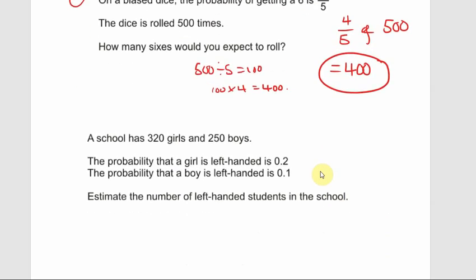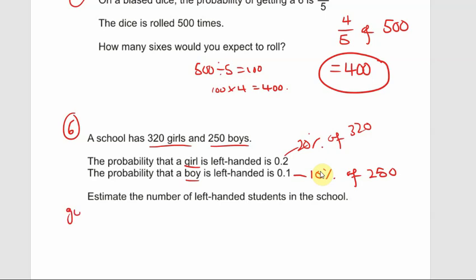Question 6. So this question is similar to that, but we just need to do it on each of these separately. So that means 20% of the girls, which is 320, and this is 10% of the boys, which is 250. So let's do the girls first.